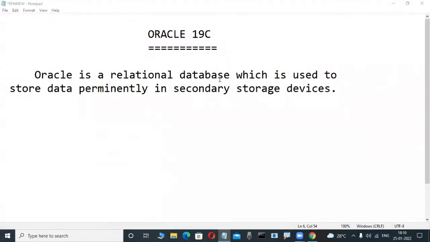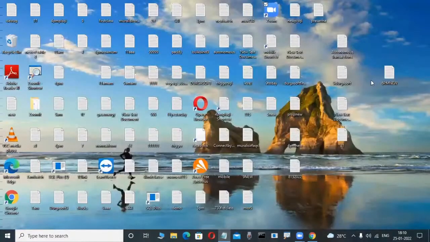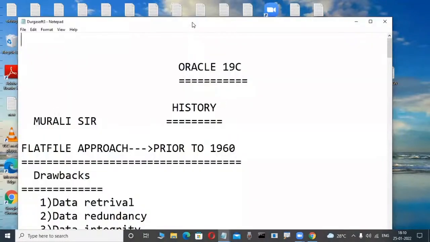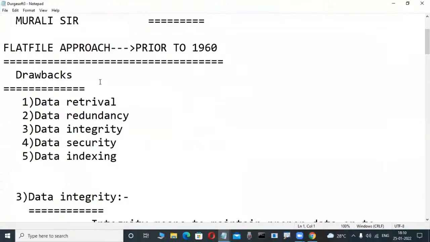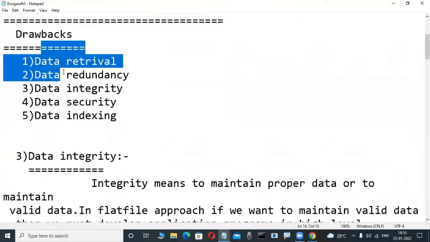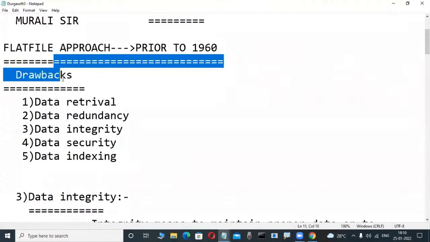Now, one of these days, what is data, what is information, what is a database, what is a DBMS? All this history is there in a future chapter. Data store mechanisms before 1960, how they stored data or information, flat file mechanism, some drawbacks.